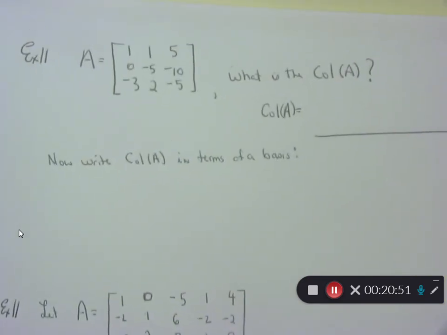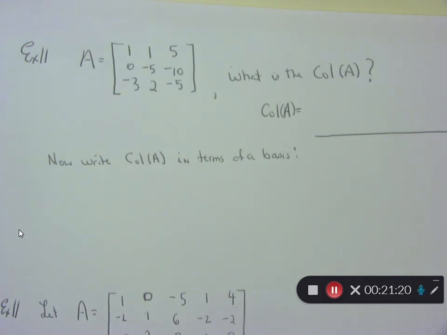Let A be this matrix: 1, 1, 5, 0, negative 5, negative 10, negative 3, 2, negative 5. And again, this is me trying to be more poignant like we did on the last test. What is the column space of A? Column space of A equals. Now write the column space in terms of a basis, okay?